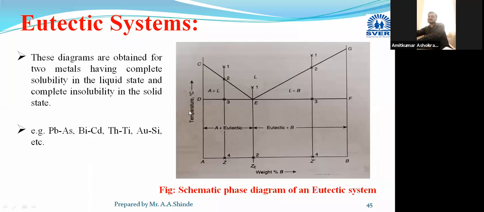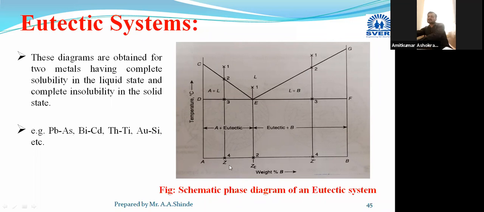Then this diagram has 3 parts. First is eutectic alloy, where exactly eutectic transformation is occurring. This is the eutectic point and this is the eutectic alloy. Then its cooling we have discussed with its microstructure. Then microstructural changes happening during the cooling of hypoeutectic alloy, represented by this Z in this region.